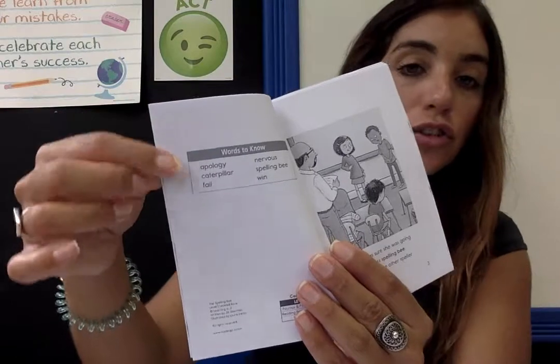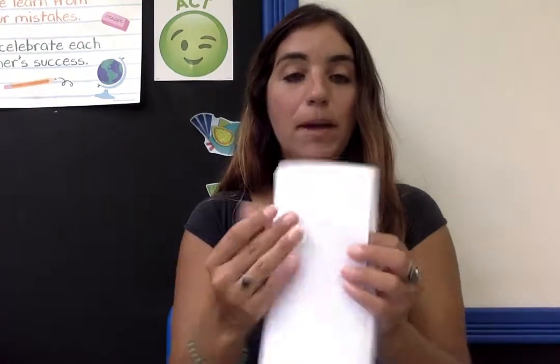The next thing that you're going to do is look at your words to know. You have apology, caterpillar, fail, nervous, spelling bee, and win. On your Pictionary book, you have your cover page here, which we already talked about.